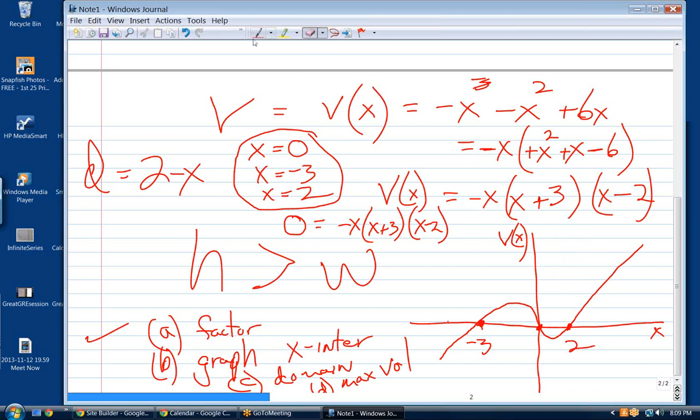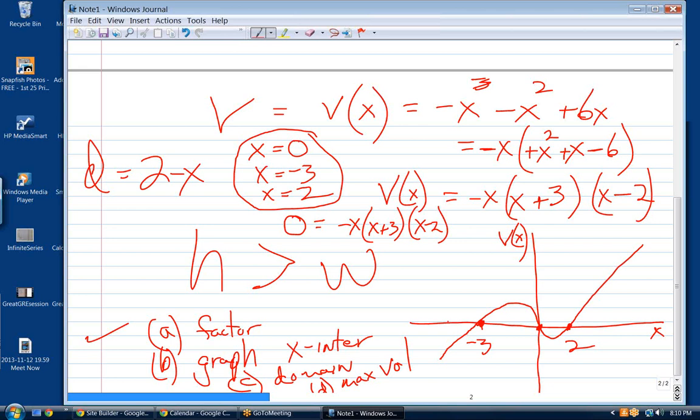But a cubic function, which this is, can have two extrema. Now, when I drew this chart, I didn't know what the end behavior was. I just guessed.